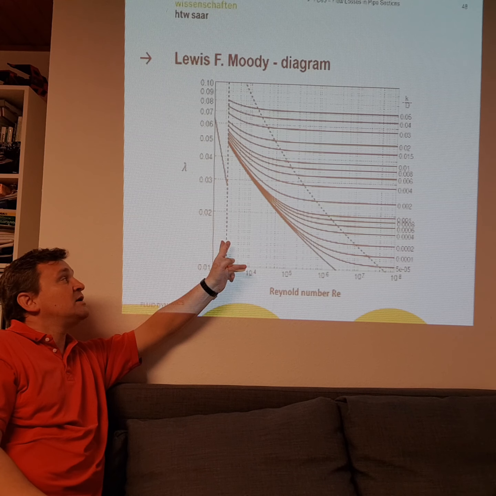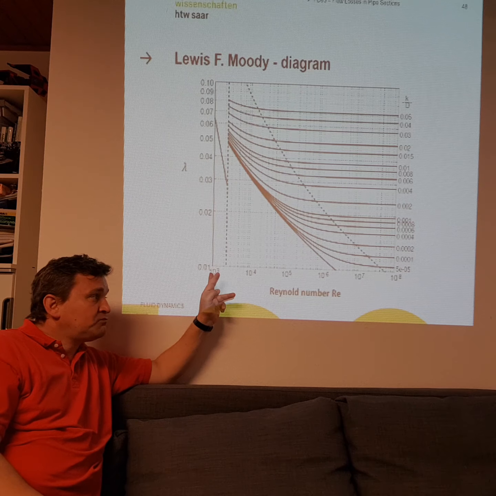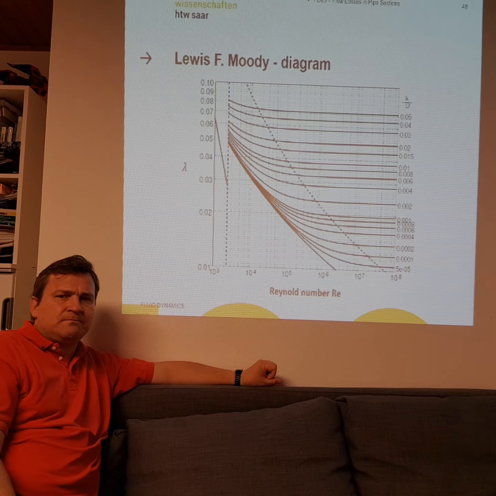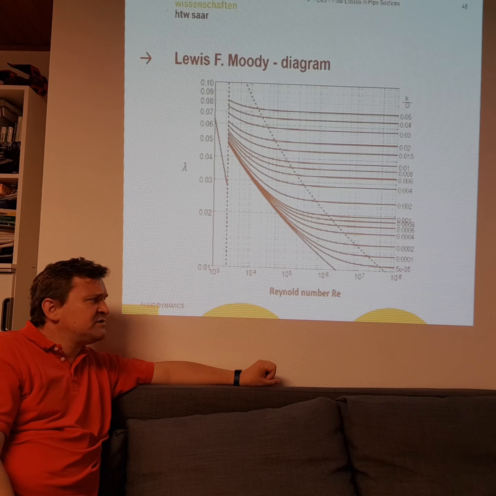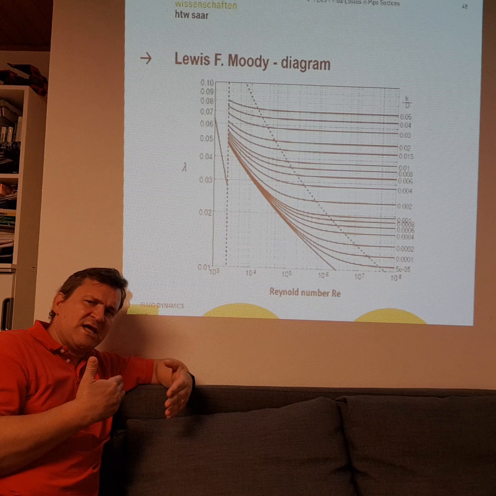beginning of the diagram. Here is this laminar region, and take care, the x-axis is a logarithmic length scale, and always if you have these logarithmic scales in diagrams, it's a little bit dangerous.